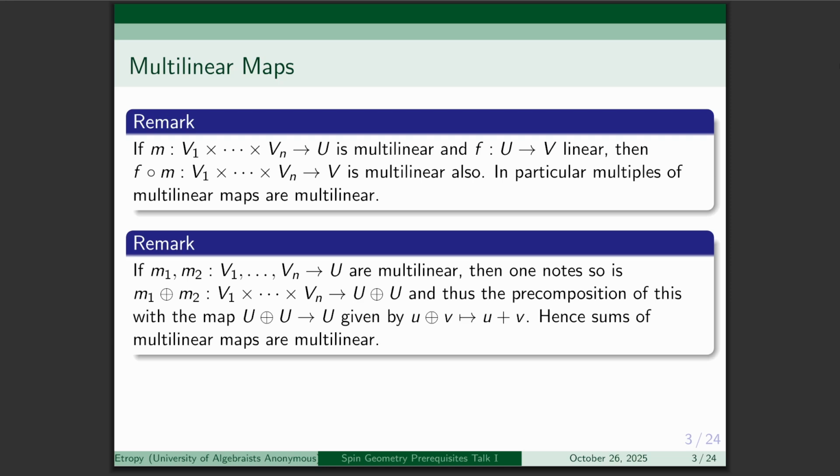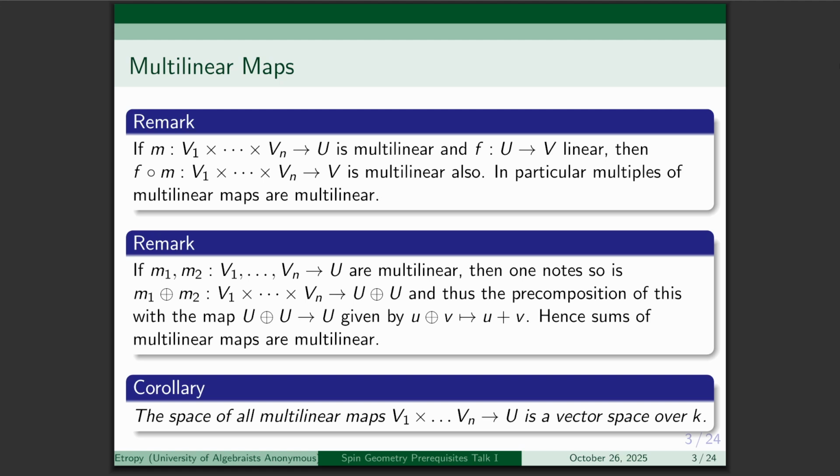We get this new vector space, and on that vector space we have a linear map which takes a formal sum a plus b and maps it to the usual sum in the vector space. And if we compose, we see that if we take two multilinear maps with the same codomain and the same domain, then the sum is also multilinear.